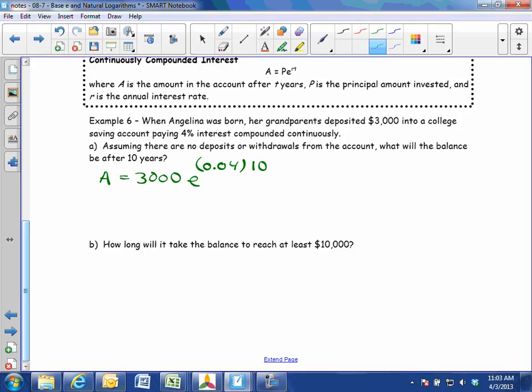Alright, so then all you do is type in your calculator. I suggest you find E to the this, and then take it times 3,000, just so you don't get your calculator confused. Oh, so the E goes to the X. Yes, E goes with the X.